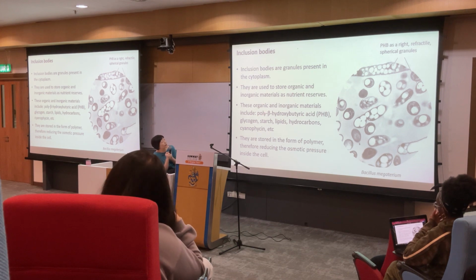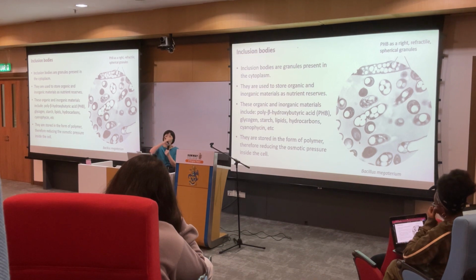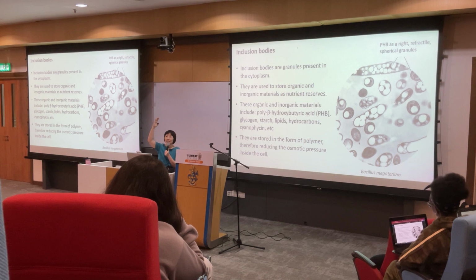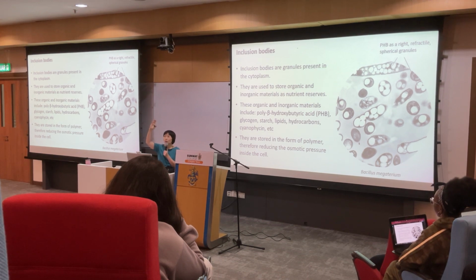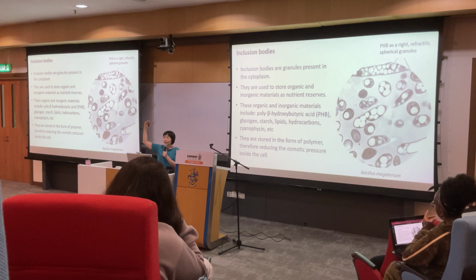What they have found is that especially when they start to produce a lot of these granules is when the cells grow. You know the cells grow, right? When they grow to a certain stage, there is a depletion of the nutrient, let's say. Then they will go into the stationary phase. There's no more growing. At this stage, if there is no more nutrient, they die.